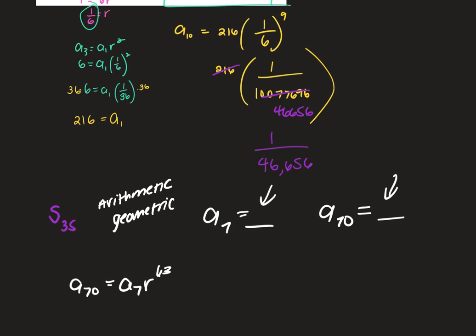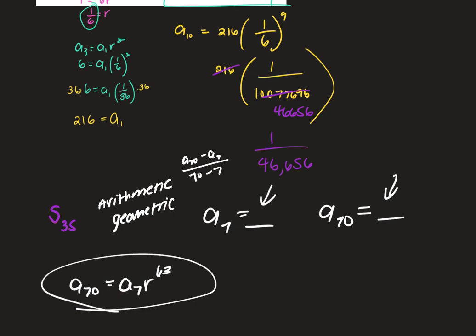And then I would solve for R. So if it's arithmetic, A70 minus A7 over 70 minus 7 would be to find D, and the other is to find R. Then, because I don't know A35 or A1, and if it's arithmetic it'd be N over 2 times first plus last, I have to find the AN formula to find the A35. And that formula, the A70 one, is basically the AN formula, just tweaked. Yep.